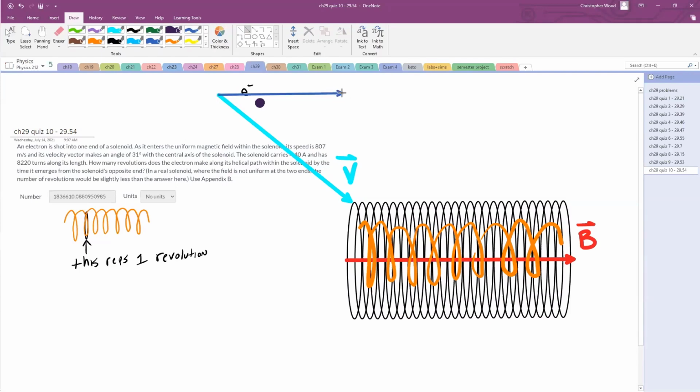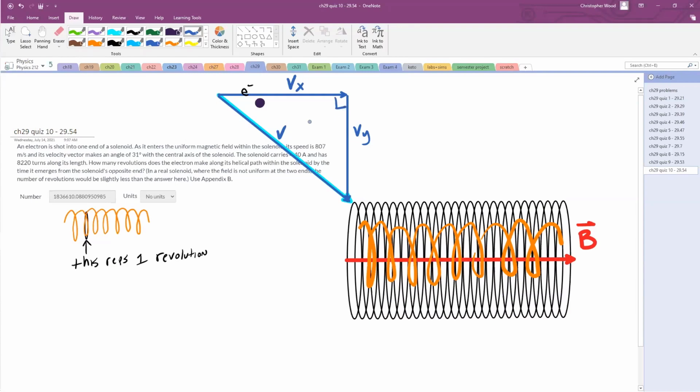This is the x component. And this is the y component. And let's label this. So this is the electron's x component of velocity. This is the electron's y component of velocity. Let me just clean this up for a bit. And this is the given velocity. So I'm going to call this v. All right, so that looks better, I think.